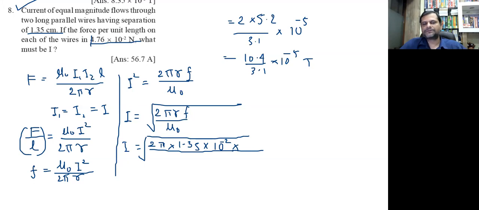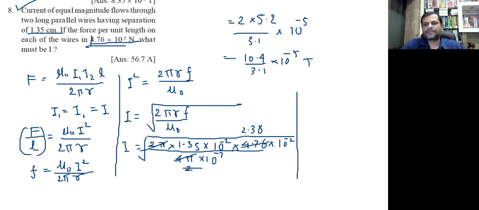And again f, which is the force per unit length, is also given here, which is 4.76 into 10 raised to minus 2, and that is to be divided by mu naught, which is 4 pi into 10 raised to minus 7. So this 2 pi gets cancelled with 4 pi and leaves 2 behind, and also this 2 can be reduced with this 4 here, so we are left with 2.38, correct? Yes. So we can get this in the next step.